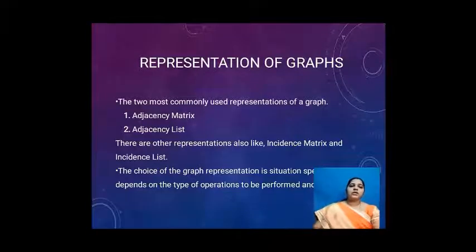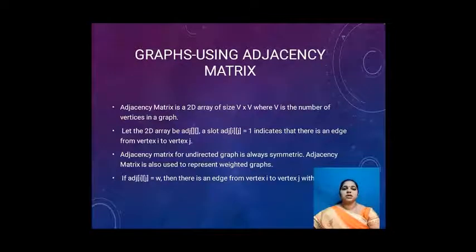Next, how are graphs represented? The two most commonly used representations of a graph are the adjacency matrix and the adjacency list. There are other representations also used, like the incidence matrix and incidence list. But here we are going to see only how the graph is represented using the adjacency matrix and adjacency list.